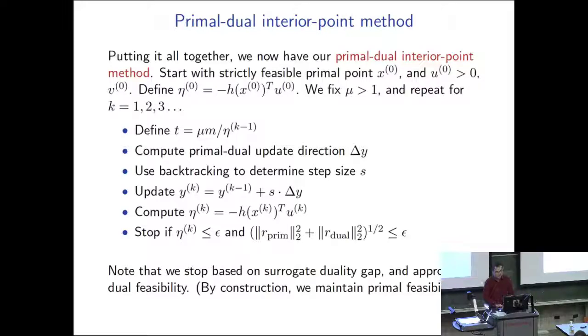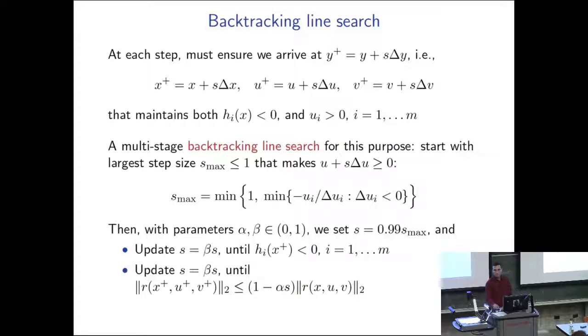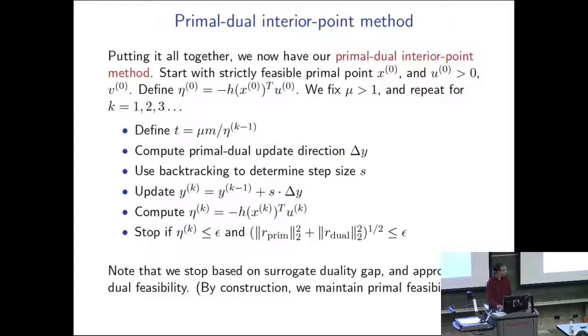Let me again pause for questions, because I think people sometimes tend to be confused about this method. Yes? So that last step on decreasing the residuals, that was to ensure primal feasibility? It's not necessarily, it's really to ensure feasibility. It's to ensure that we're going to arrive at some step eventually where this is small.